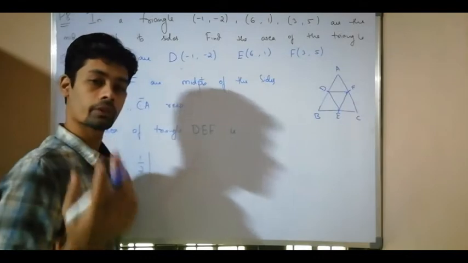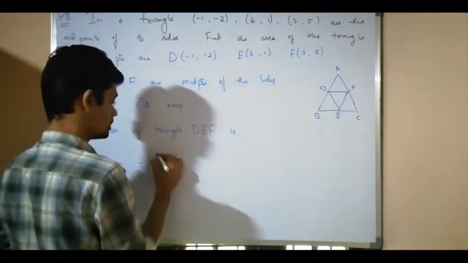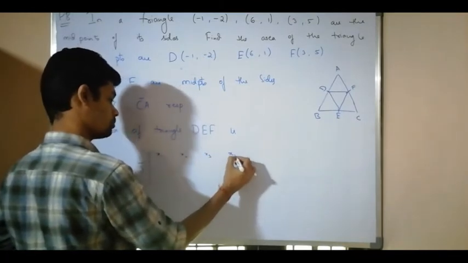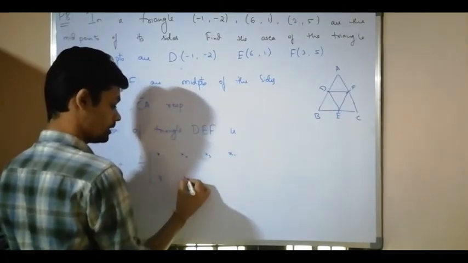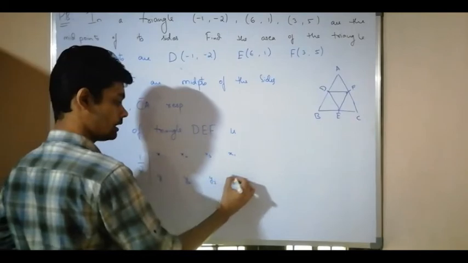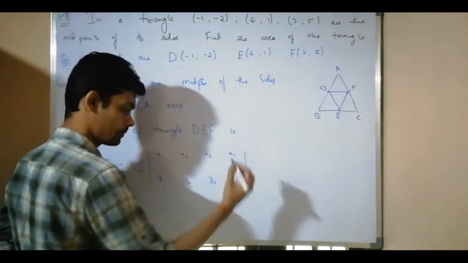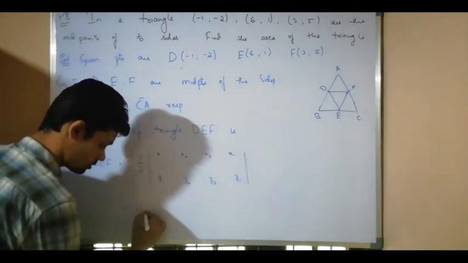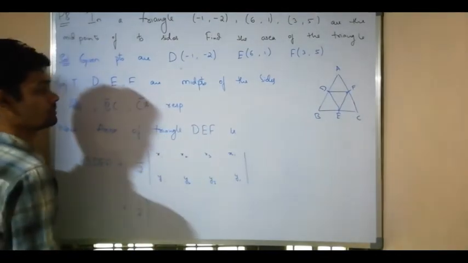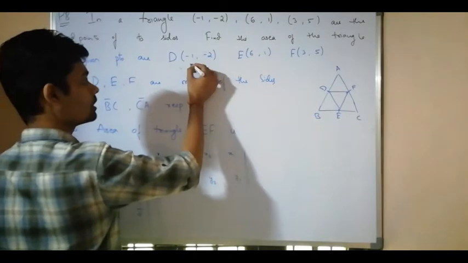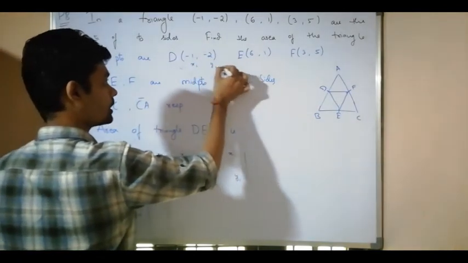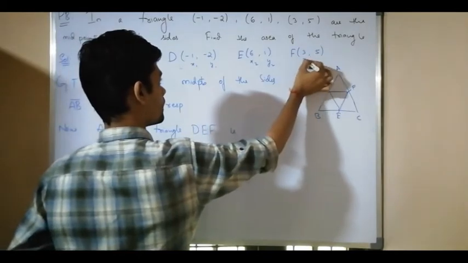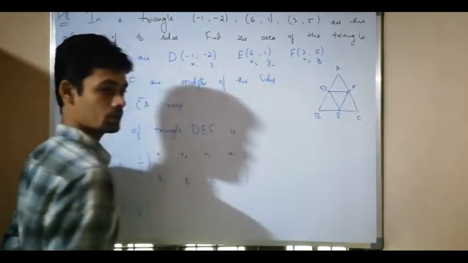Already we have written a formula, that is x1, x2, x3, again x1, y1, y2, y3, y1, which is nothing but half modulus of x1, y1, x2, y2, x3, y3.